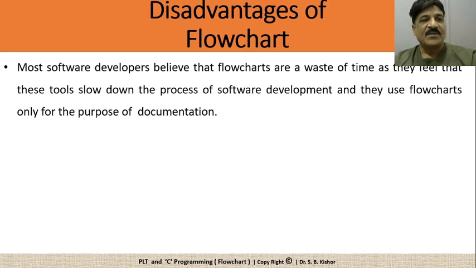Then disadvantages of flowcharts. Most software developers believe that a flowchart is simply a waste of time, and they feel this tool slows down the entire process of what? Software development. Okay, and that's why they use it only for the purpose of documentation, but it is not true. My suggestion is always go in this order.